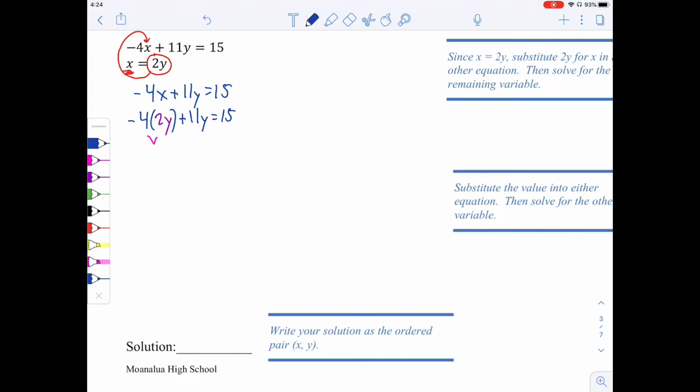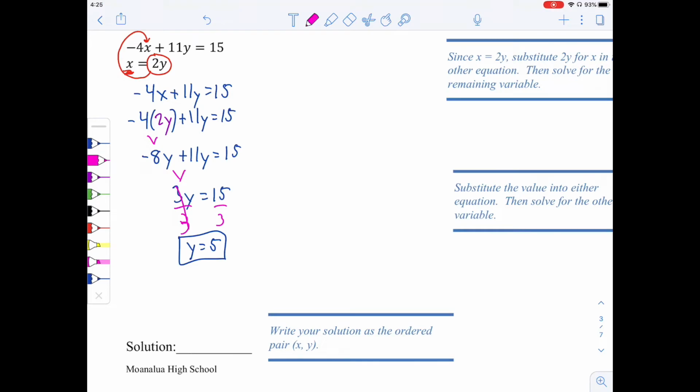So we get negative 4 times 2y is negative 8y plus 11y equals 15. Combine like terms. Negative 8 plus 11 is 3. So 3y equals 15. Divide by 3 to both sides. We get y is equal to 5.